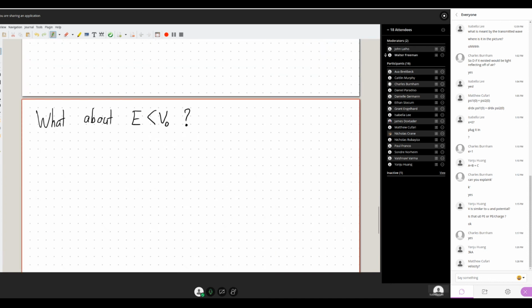So here, region 1 stays the same form. Psi of 1 is A e to the ikx plus B e to the minus ikx.